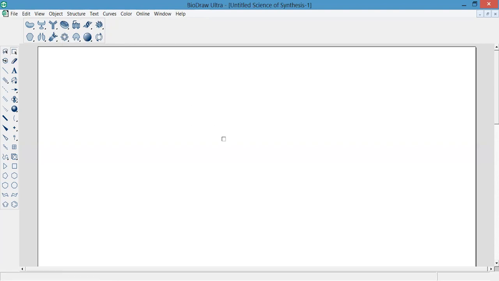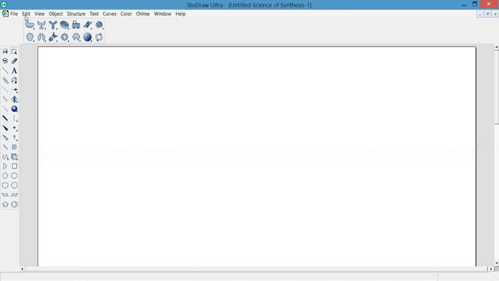Now there are many tools or grids through which you can draw structures. First, understand the basic functions. You can draw chemical structures, drug intermediates, metabolites, intermediates of metabolites, biochemical pathways, chemical reactions like this.